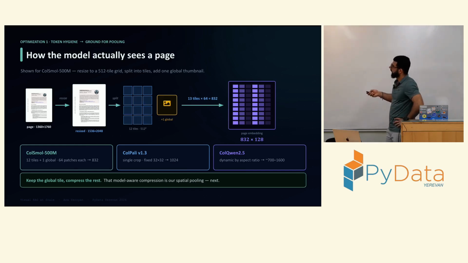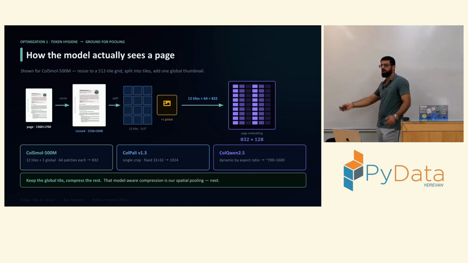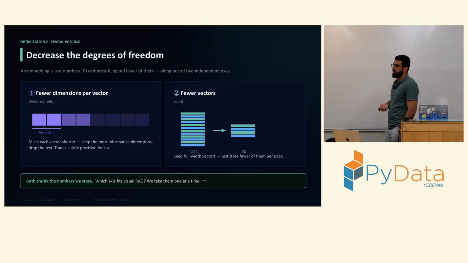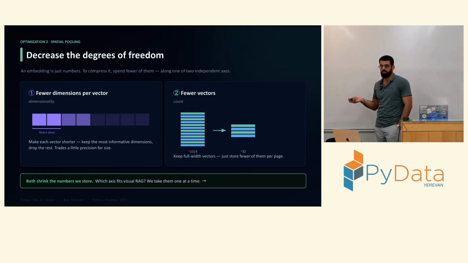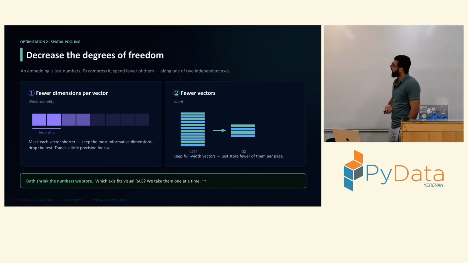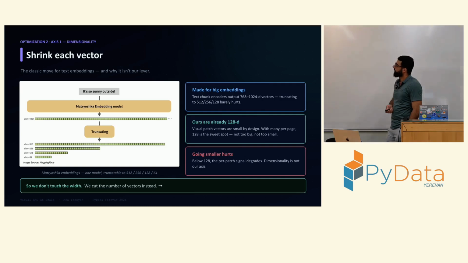If we can decrease this matrix size, it means we will optimize our future pipeline when the number of documents gets to, I don't know, thousands or millions. And we can do this in two ways, right? We can either decrease the dimension of these vectors, or we can decrease the number of vectors. Literally, very simple. Let's talk about both of these approaches.